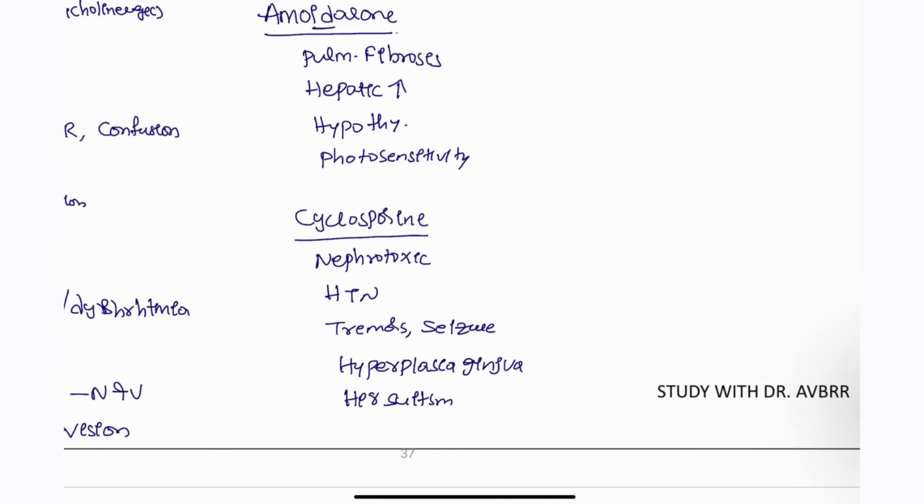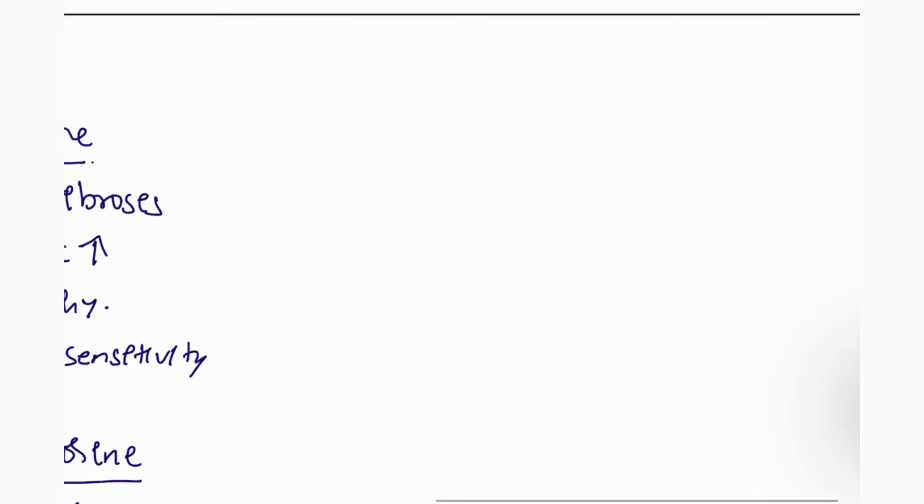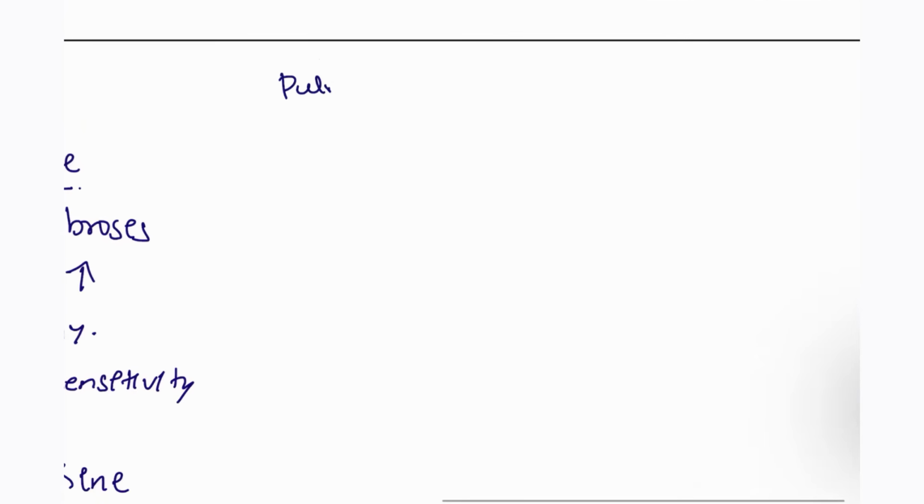Okay, these are some of the side effects seen in patients taking amiodarone. Sorry, cyclosporine. Next, pulmonary fibrosis, which can be caused by multiple drugs. Pulmonary fibrosis is commonly associated with bleomycin.